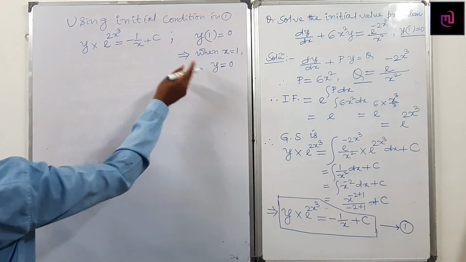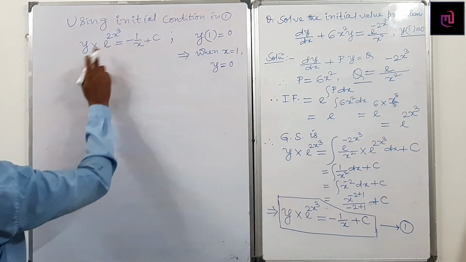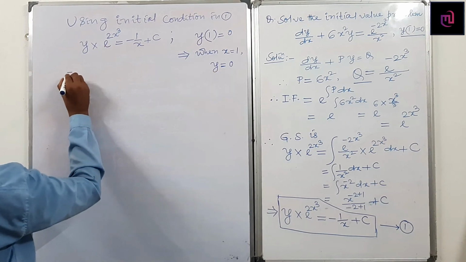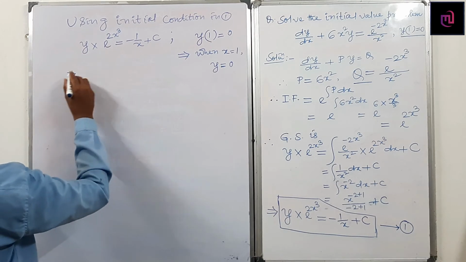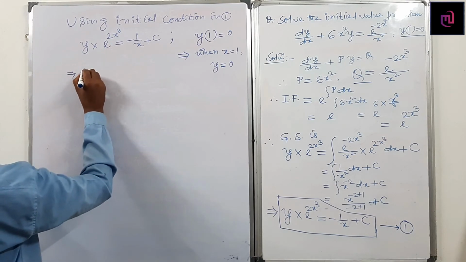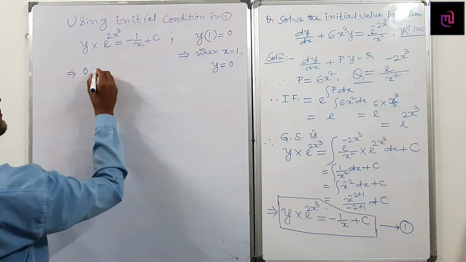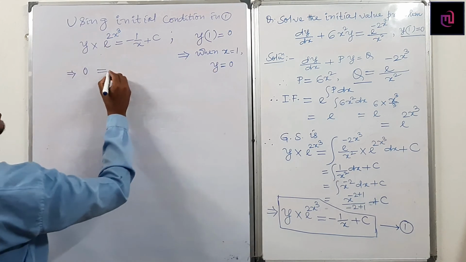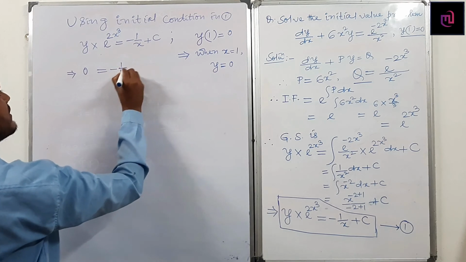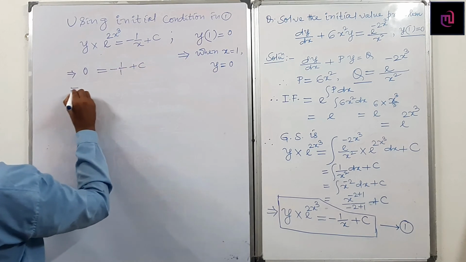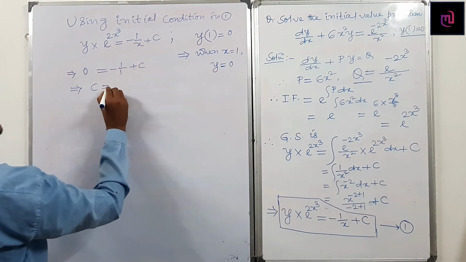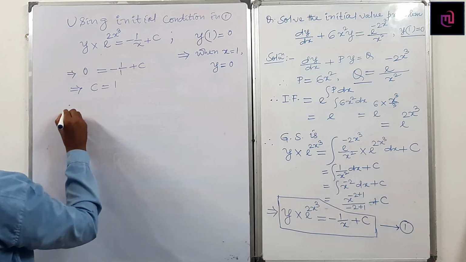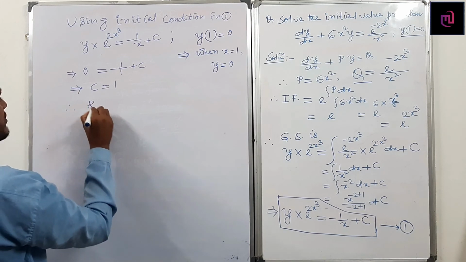So here using these values, x equals to 1 and y equals to 0. So finally can I write? So 0 into this term becomes 0. So 0 equals to, x becomes 1, so minus 1 by 1 plus c. So what is the value of c? C becomes plus 1.